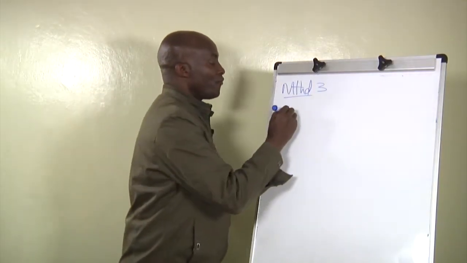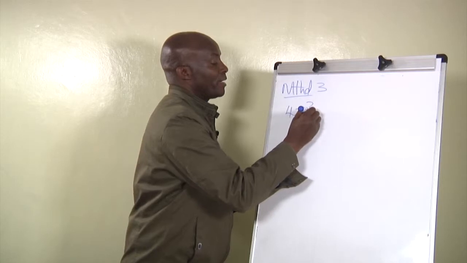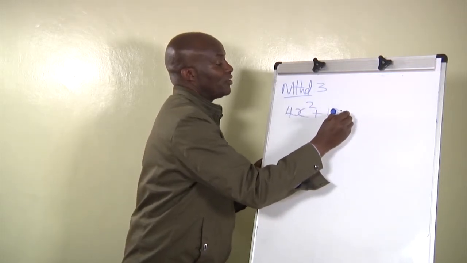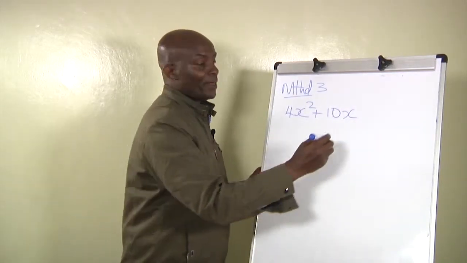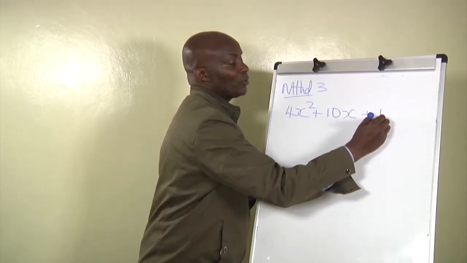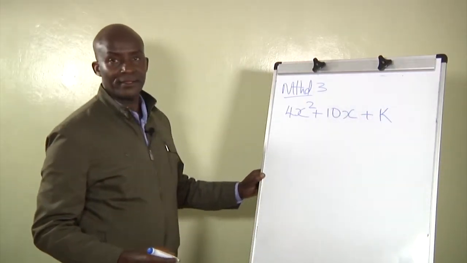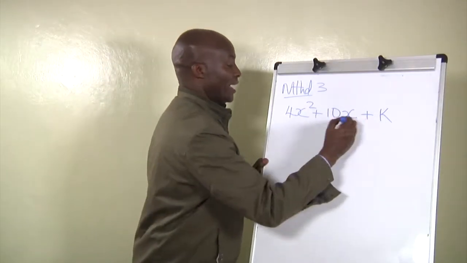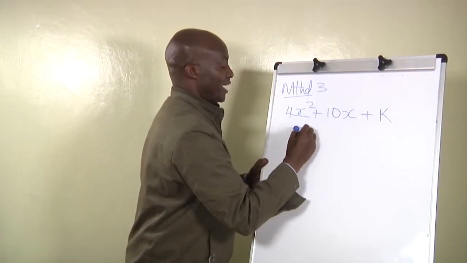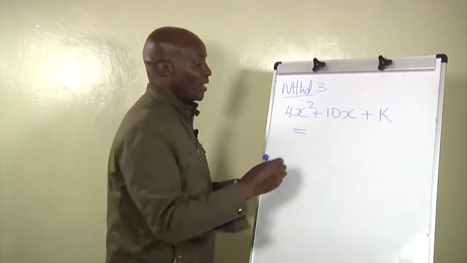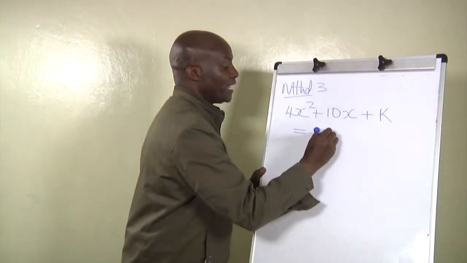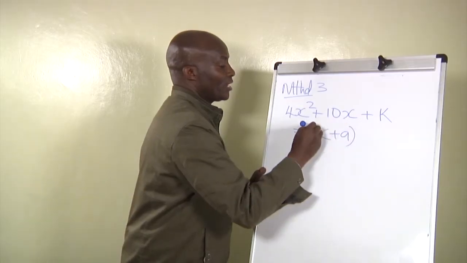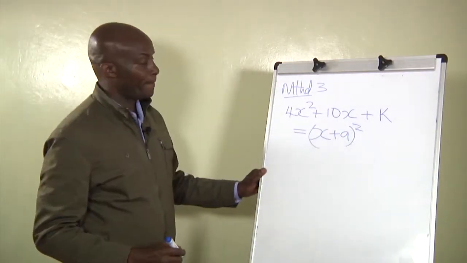You are given 4x squared plus 10x, and you say, let the number that needs to be added be equal to k. Then you say, for this to be a perfect square, it has to be written as x plus a whole squared.